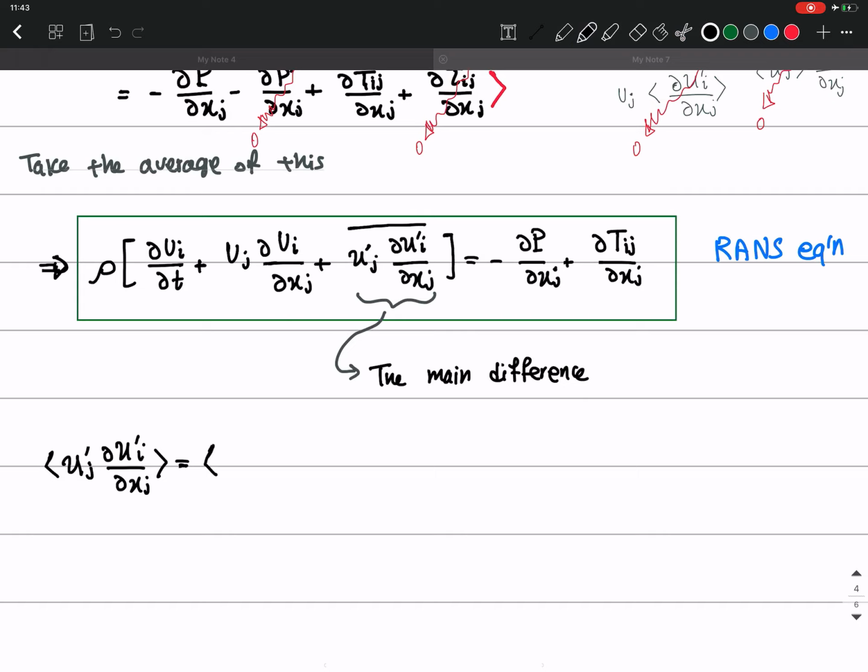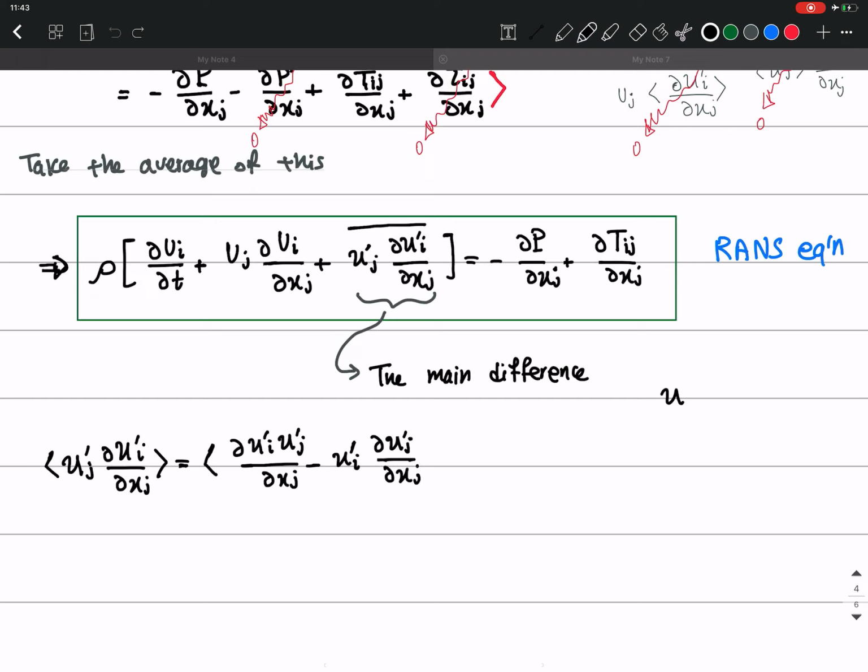We know from calculus that you can write the derivative of a multiplication, partial u prime i u prime j over partial xj minus u prime i partial u prime j over partial xj, right? So this is from calculus.